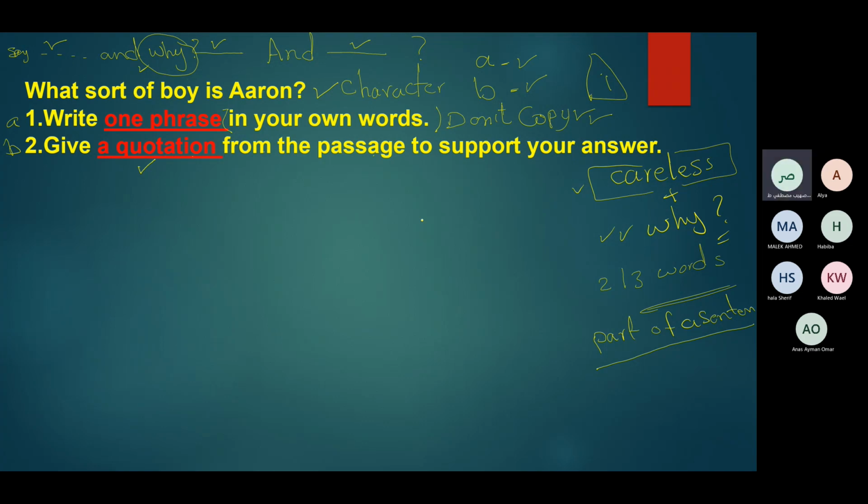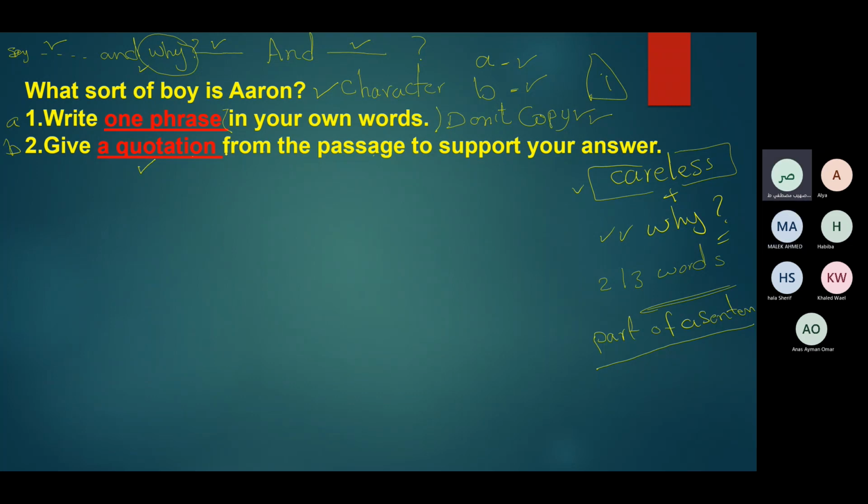Why? Because we said stick to the question. Do exactly what the question is asking you. Okay? So it is not careless? No. Say he's careless. I mean, give a quotation from the text that shows he's careless.